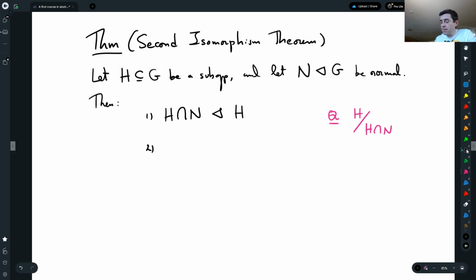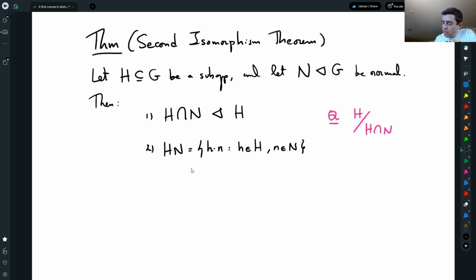Well, first of all, HN, the subset that is elements of H times elements of N, turns out to be a subgroup of G, and the actual isomorphism tells me what this is isomorphic to.